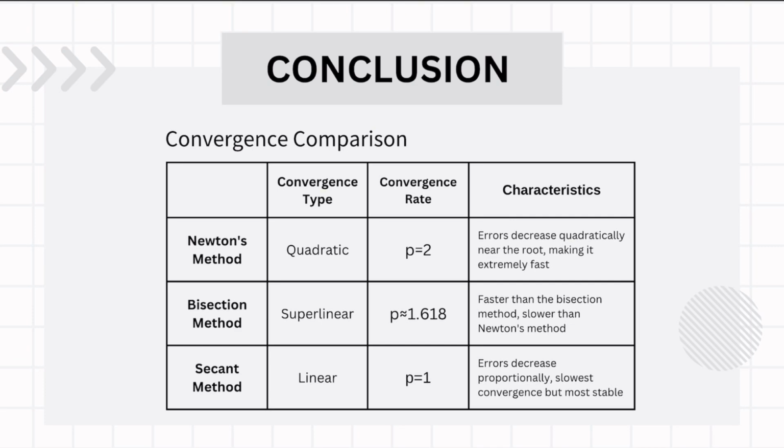It's faster than the secant method but slower than Newton's method. Secant method. The convergence type is linear, with a convergence rate of p equals 1. While it's the slowest in terms of convergence, it is considered more stable.